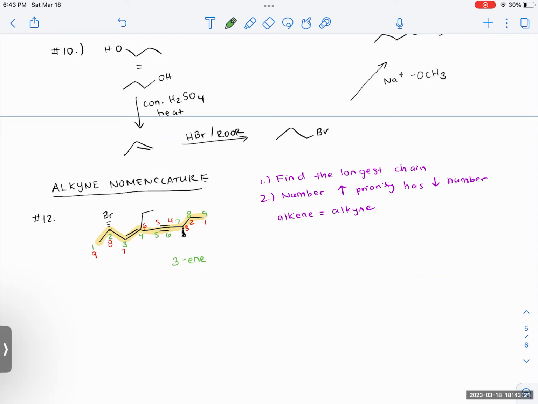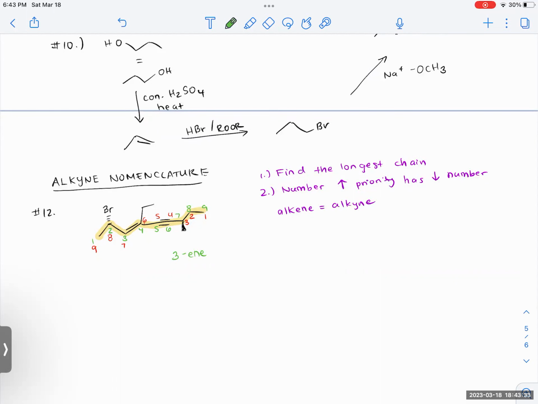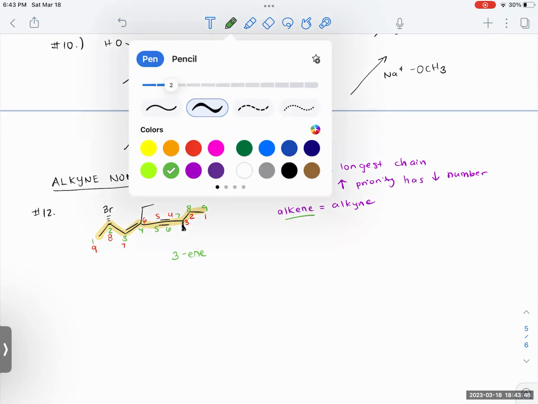However, if the alkyne and the alkene are both on the same number, you use the alkene. So if they were both on 3, the alkene would still win. But if the alkyne was on a 2, then that one would win. So it's weird, but hopefully that helps.